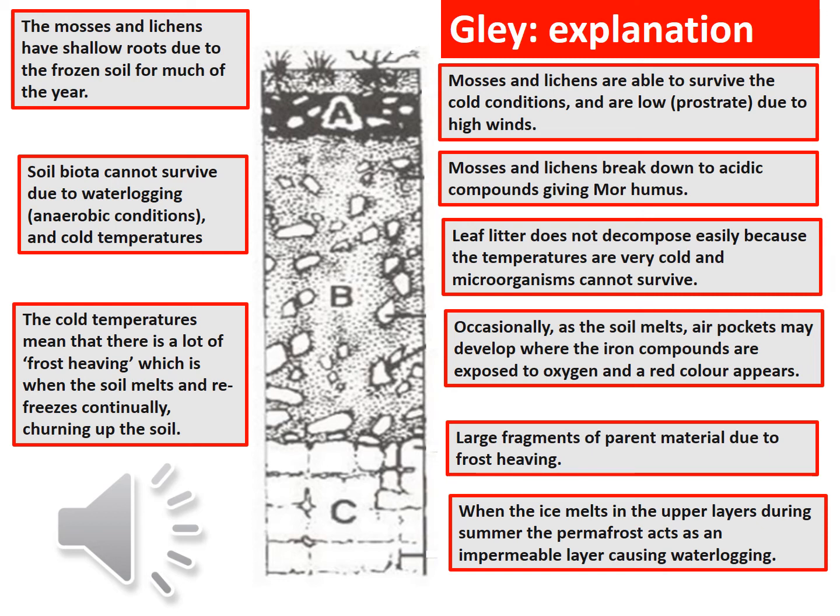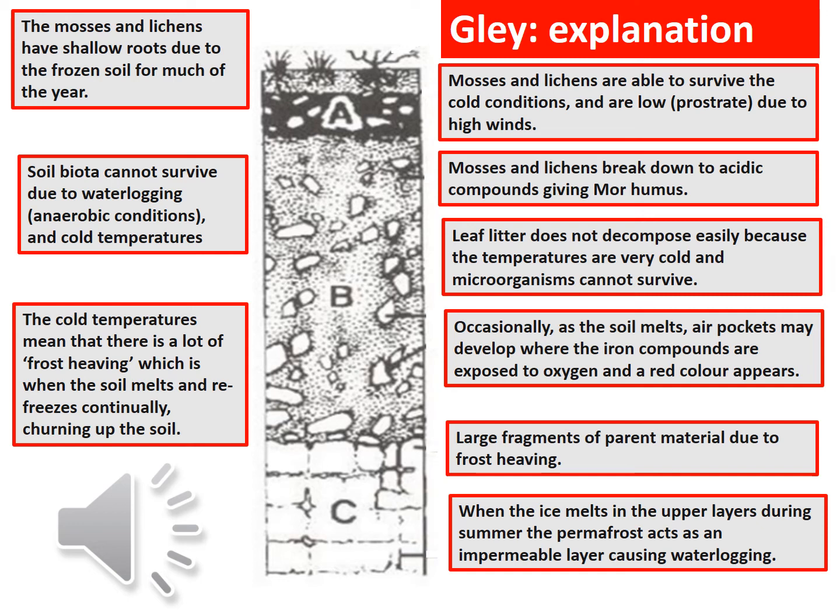So the iron compounds that are present will re-oxidise and then they will turn red. So it's a blue-grey colour because the situation we've got here in Gley are anaerobic conditions, so we lack oxygen here. So we get red mottling because sometimes we do get pockets of air and that will re-oxidise the iron and turn it red.